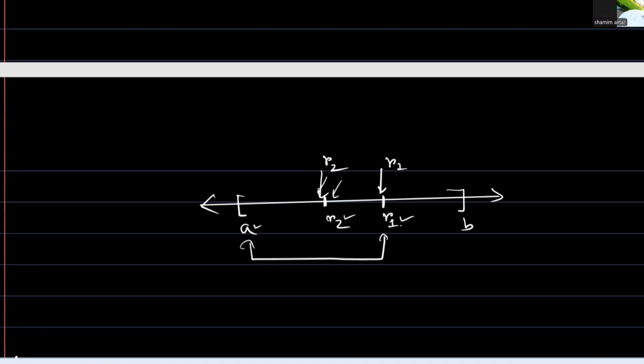R2 is also a real number, so again we can find a rational number between them, R3, and continue this process. We can find infinitely many rational numbers between two distinct real numbers. This is the beauty of the density property of rationals in R.